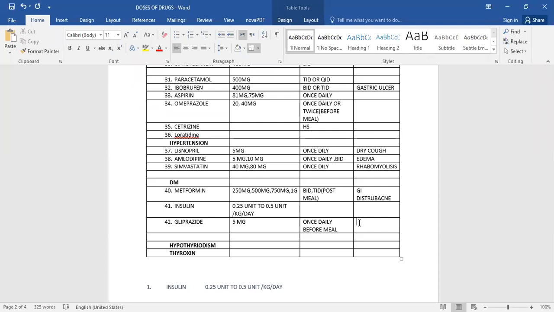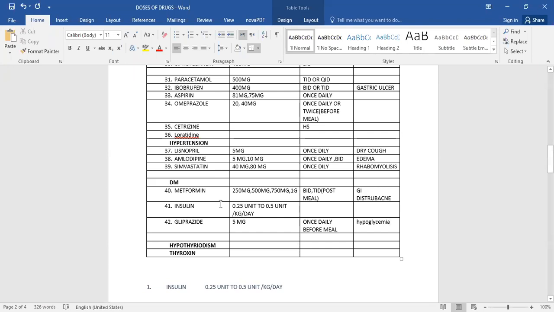Hypoglycemia, yes. Metformin's common side effect is GI disturbance, including abdominal cramp, abdominal discomfort, maybe diarrhea if it is used for the first time.